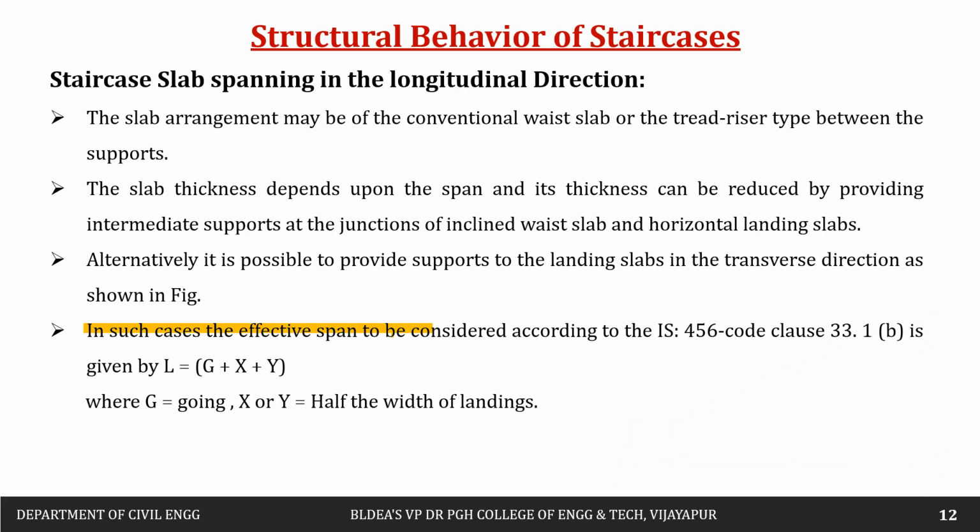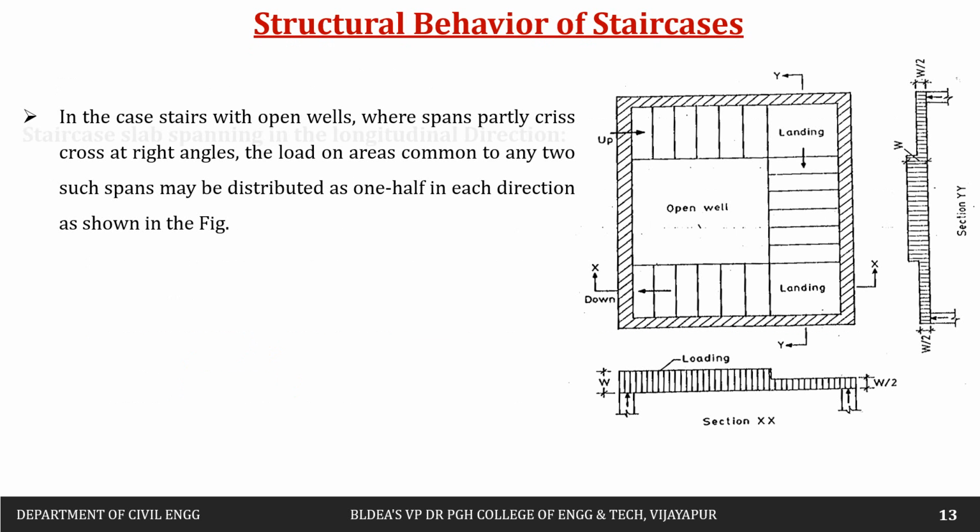In such cases, the effective span to be considered according to IS 456:2000 clause 33.1(b) is given by L equals G plus X plus Y, where G is the going, and X or Y is the half width of the landing, as we have seen earlier.